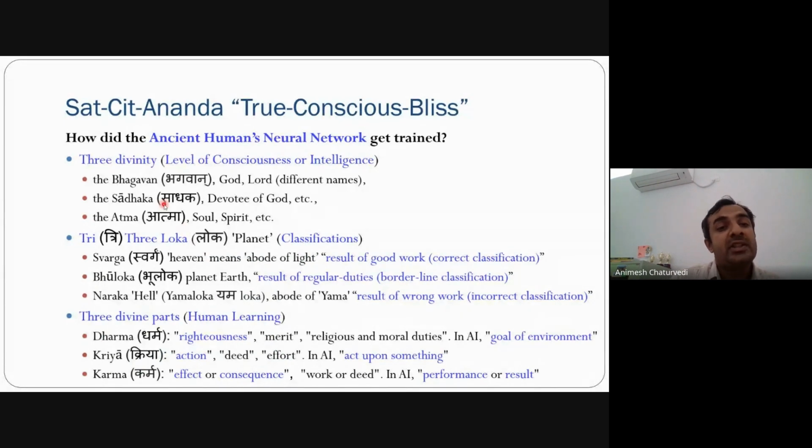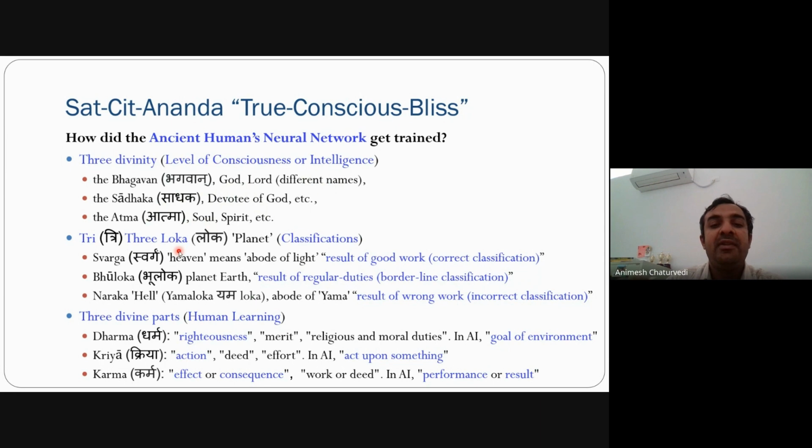Then there are three different classifications created for training a human for a better perspective. There are three levels of consciousness declared: Bhagwan, God, Lord, in different names. Sadhak means devotee of God, how you worship God, and there's Atma, that is soul or spirit.